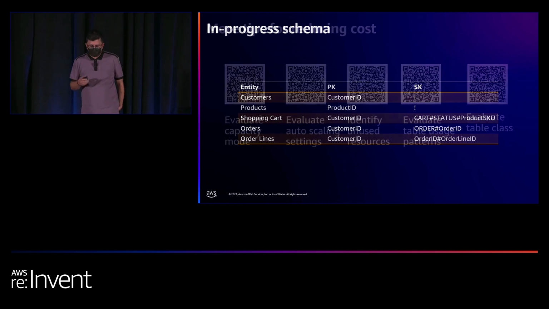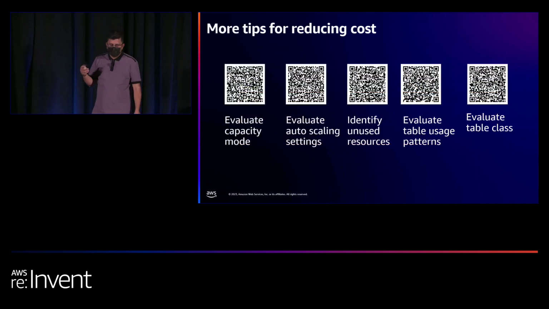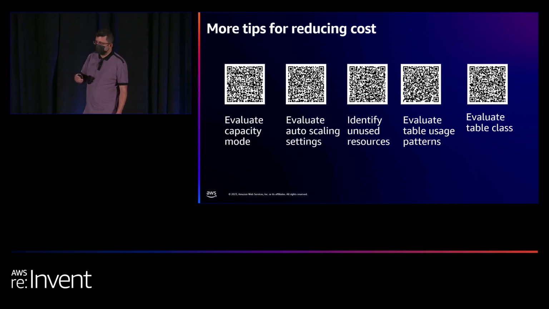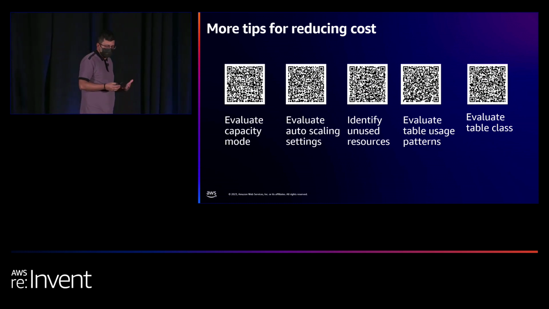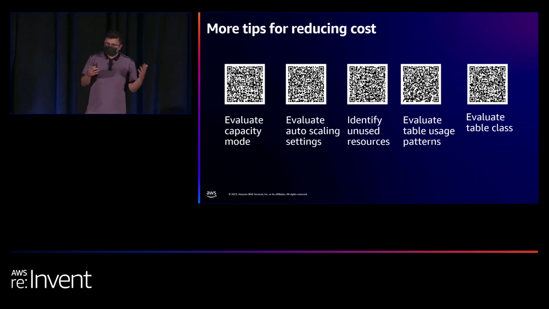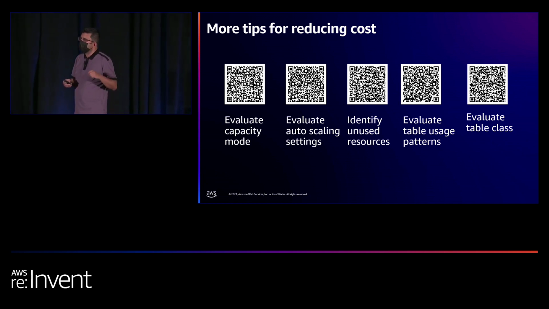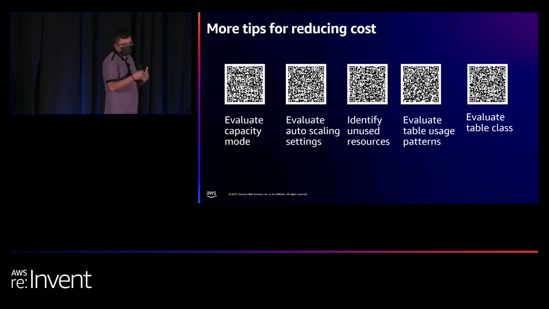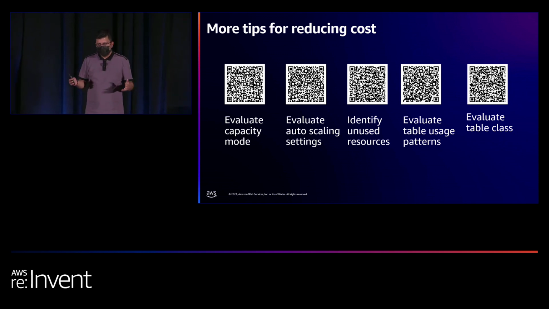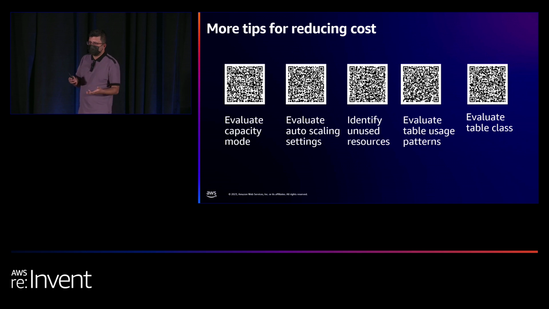And it's not just this. There are more tips for reducing your cost, which I've linked a few articles here. These are about evaluating whether you have auto-scaling set on your table. Even very simple things like the attributes that you're storing in your DynamoDB table, how do you name them? If you name them shorter, right, you'll end up paying lesser cost.